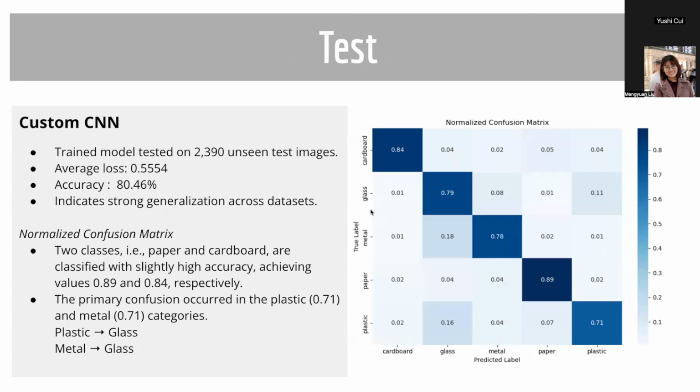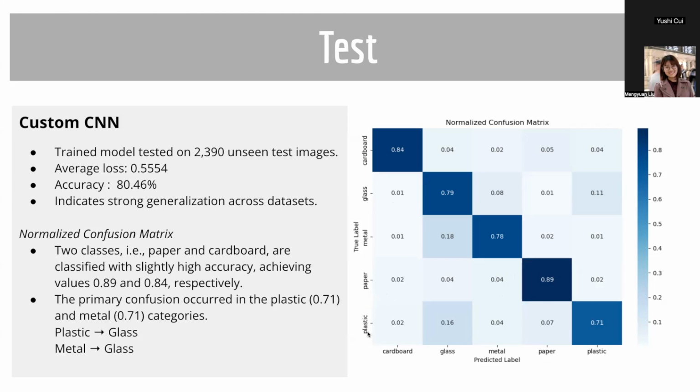You can see that two classes, paper and cardboard, are classified with slightly higher accuracy, achieving values of 0.989 and 0.84 respectively. And the primary confusion occurred in the plastic and metal categories. You can see that some of the plastic and metal samples are classified as glass.